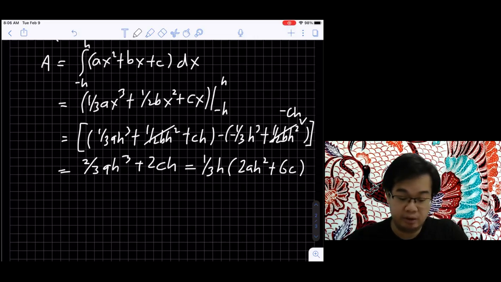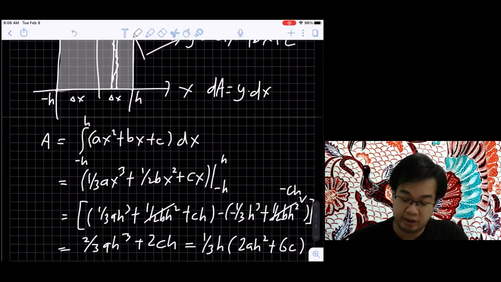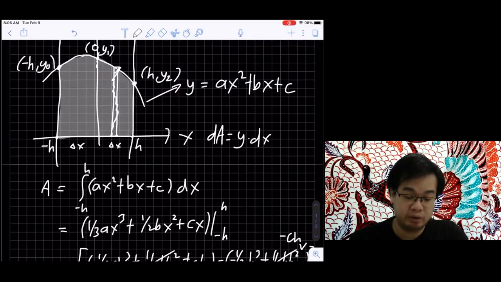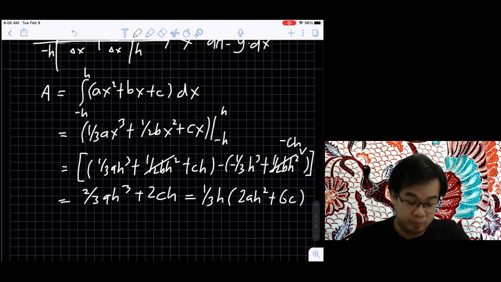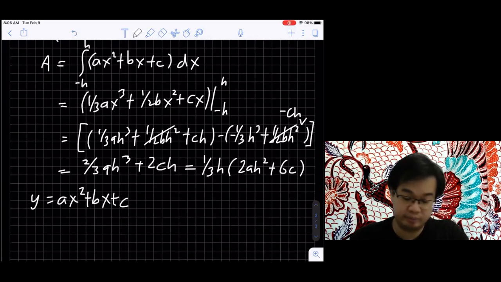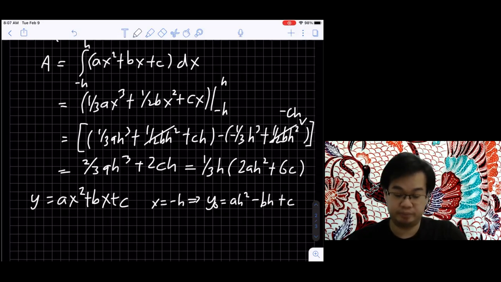And now we are going to substitute the values of h, a and c into y0, y1, and y2. So based on the equation y equals ax squared plus bx plus c, if x is equal to negative h, then your equation will be y0 equals ah squared minus bh plus c.